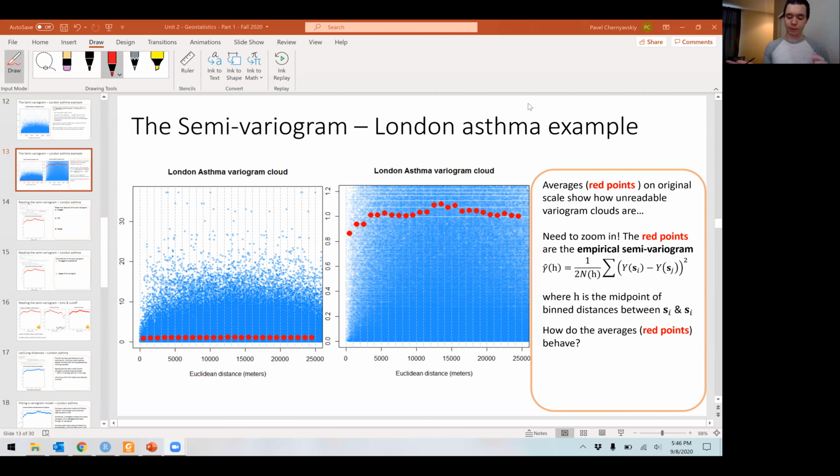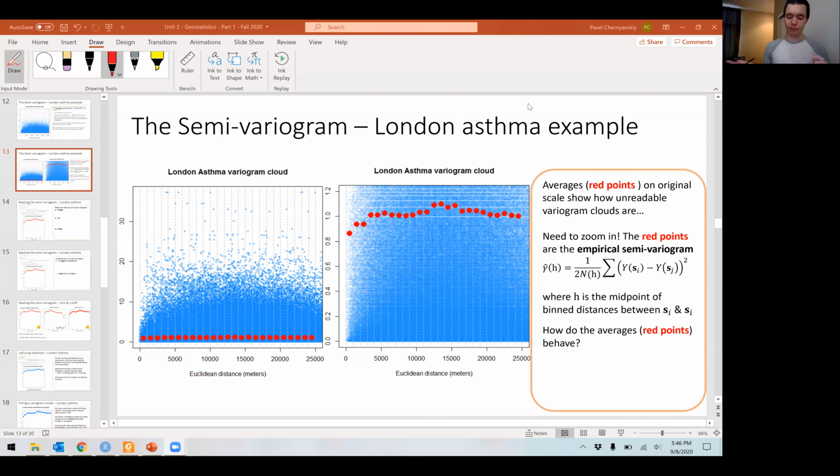If you go back to the maps we made of London, and you look at the scale of those maps, 25 kilometers covers quite a bit of the city. Again, we don't want to include observations that are too far away from each other, because the variogram becomes noisy. I'll show you what I'm talking about in just a second.